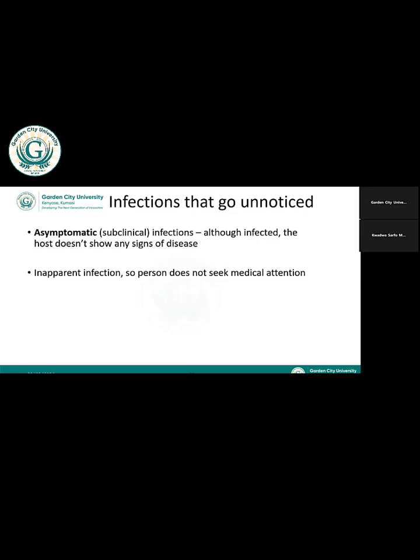Subclinical infections are different from submicroscopic infections. So subclinical is when the individual does not show symptoms. Submicroscopic, sometimes the individual will show symptoms, sometimes they will not. But the numbers of the microorganisms are too low to be detected by the microscope.